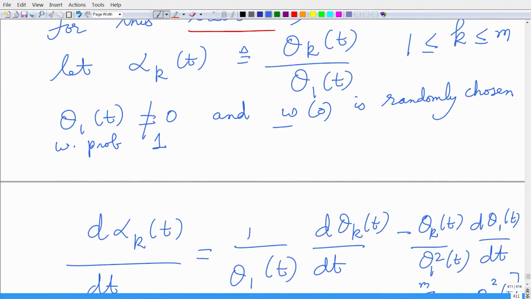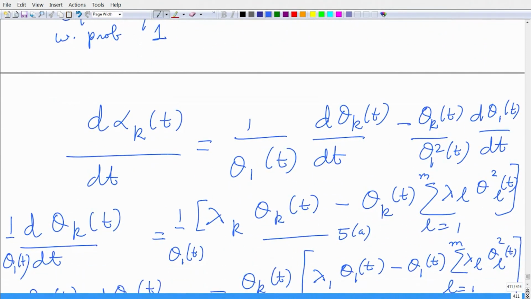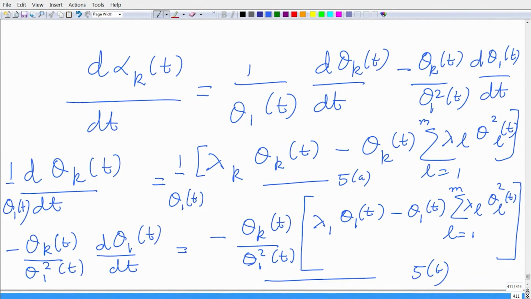I treat 1 upon theta 1 outside, it is the derivative of theta k, minus I take theta k and then apply the derivative on theta 1, which is going to be minus 1 upon theta 1 square of t times d theta 1 of t upon dt, right. So, this looks sort of messy the way I have written it down, but let us simplify.